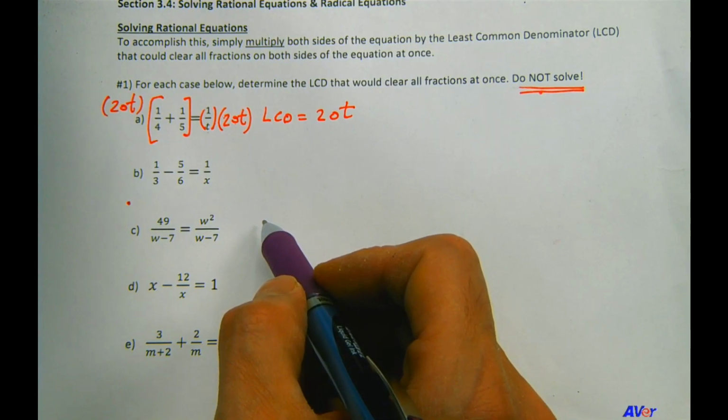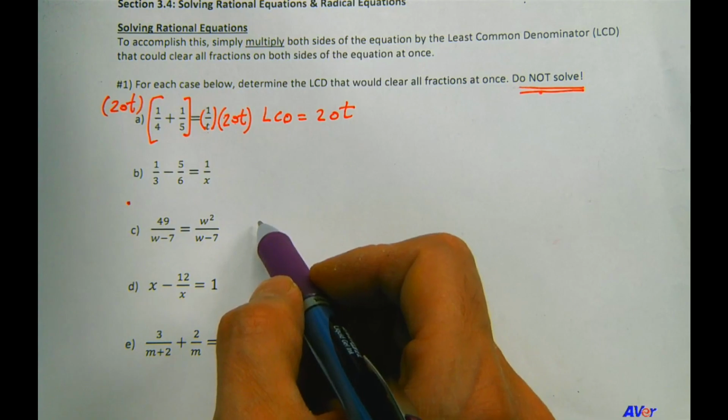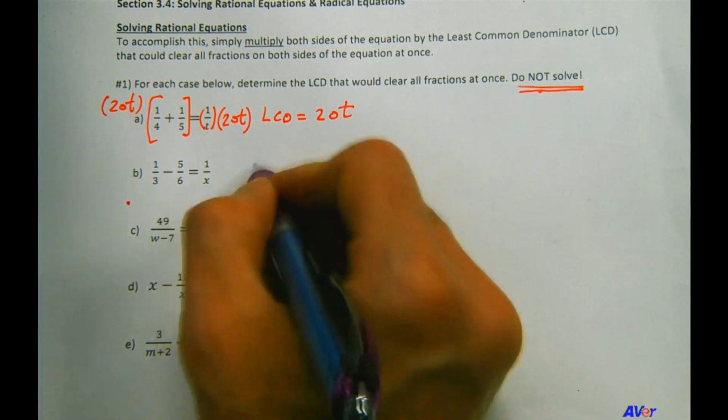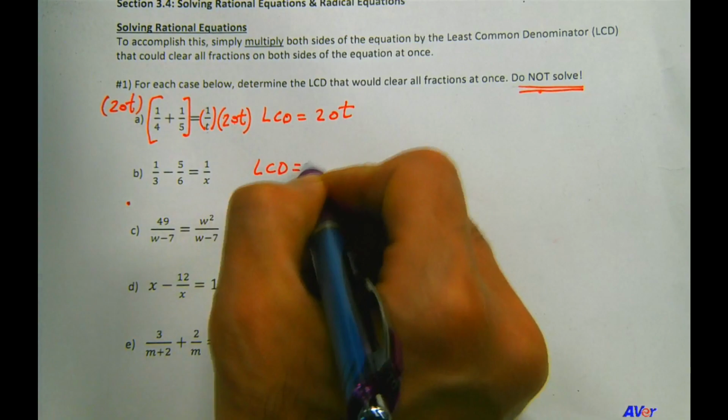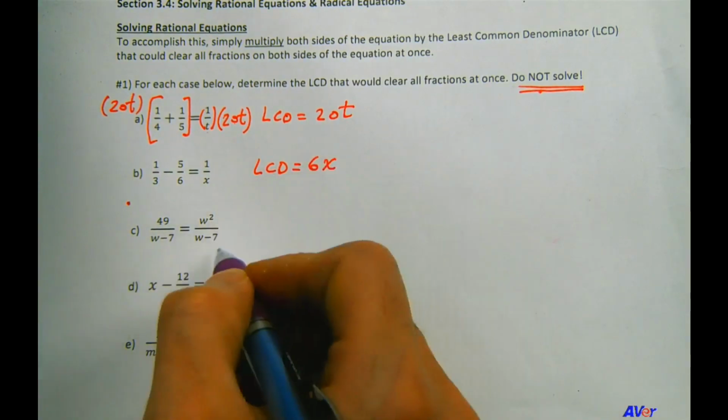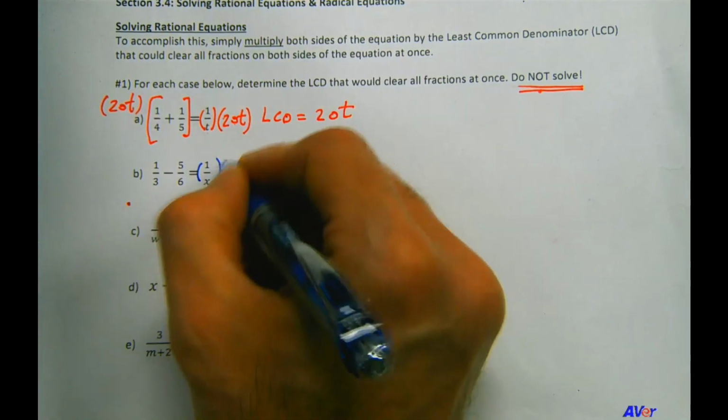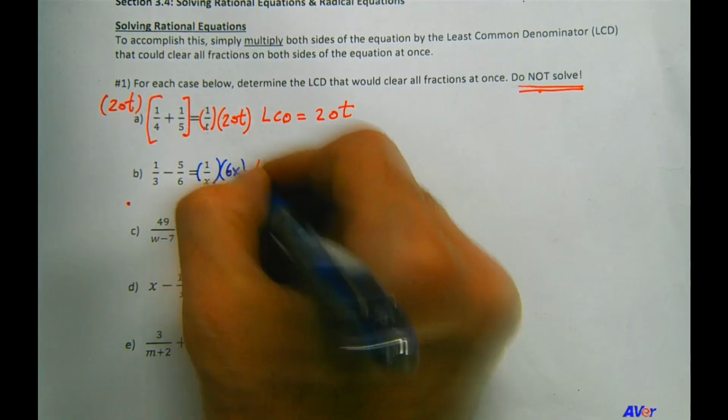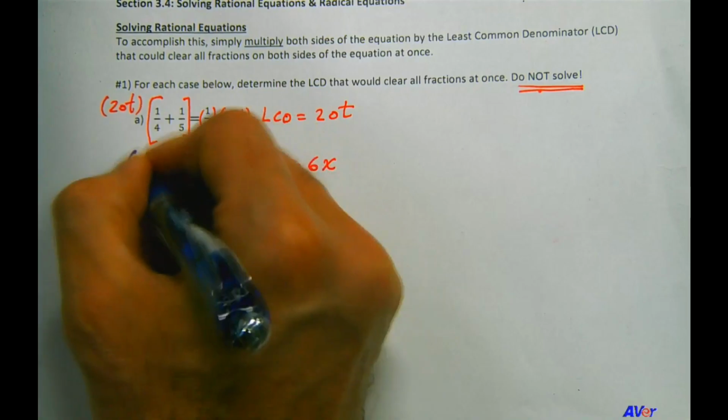Okay, so what do you think that is? Think about it. It should be 6x, right? So LCD is 6x. So we should multiply this side by 6x and multiply all of that side by 6x.